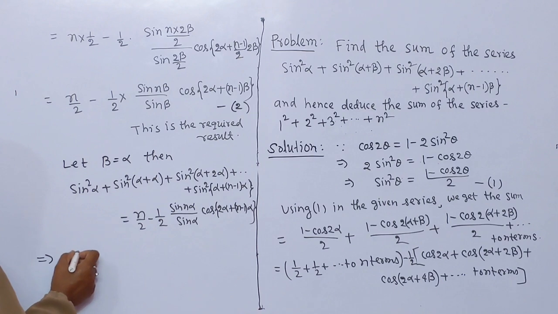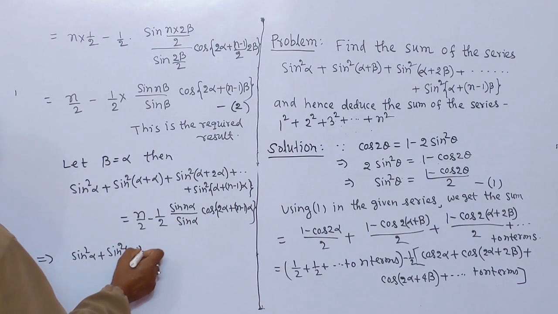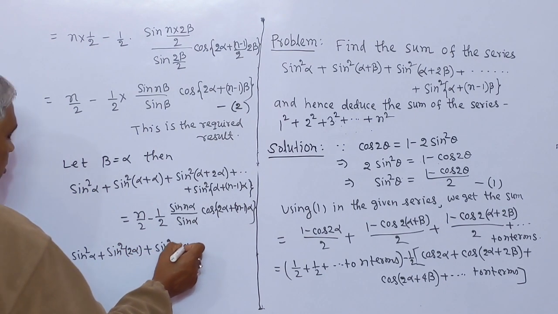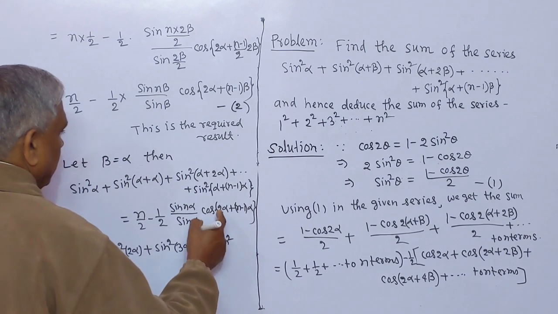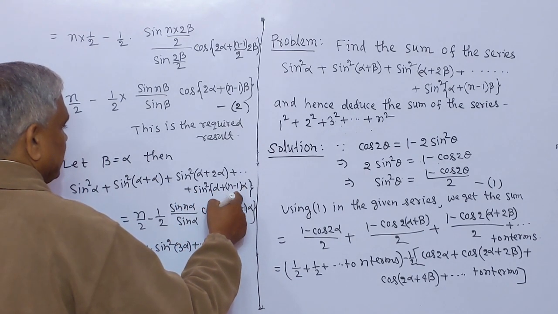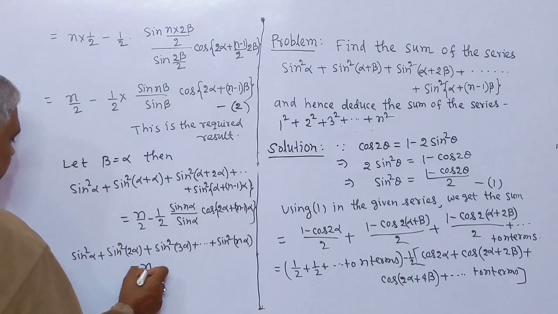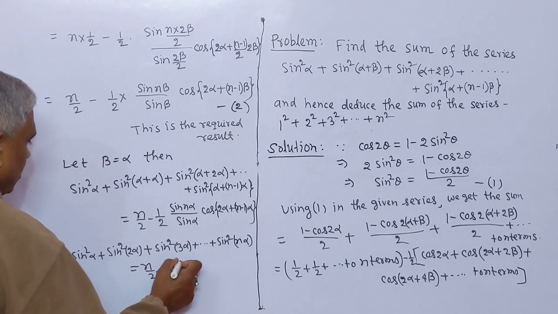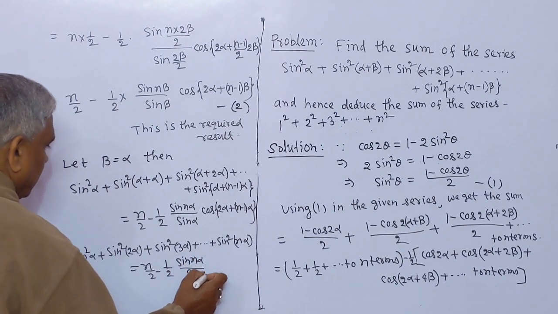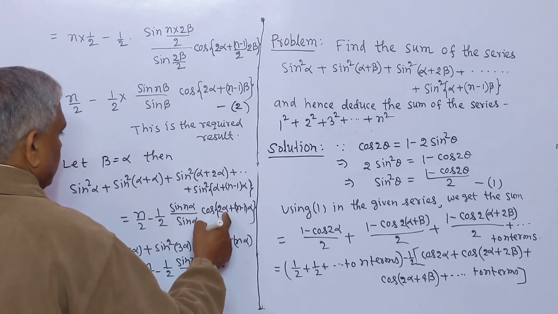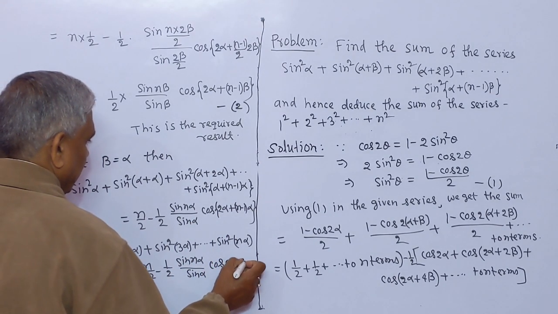This implies that sine square alpha plus sine square 2 alpha plus sine square 3 alpha plus dot dot dot plus sine square n alpha equal to n by 2 minus half, sine n alpha by sine alpha, cos ((n plus 1) alpha).